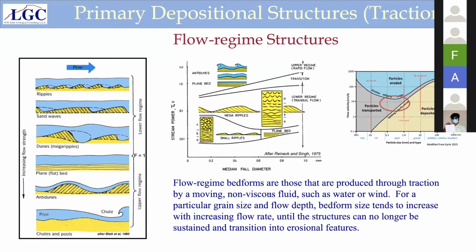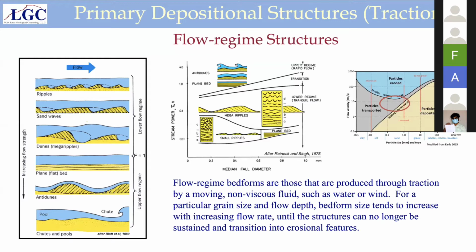And the idea here is that we start off with a bed of sediment that has no relief on it, just a flat bed. It consists of sand, in most cases, and water, or wind, begins to flow across the surface. That fluid is going to pick up the particles, and it's going to start to put them into piles. Those piles we call ripples.